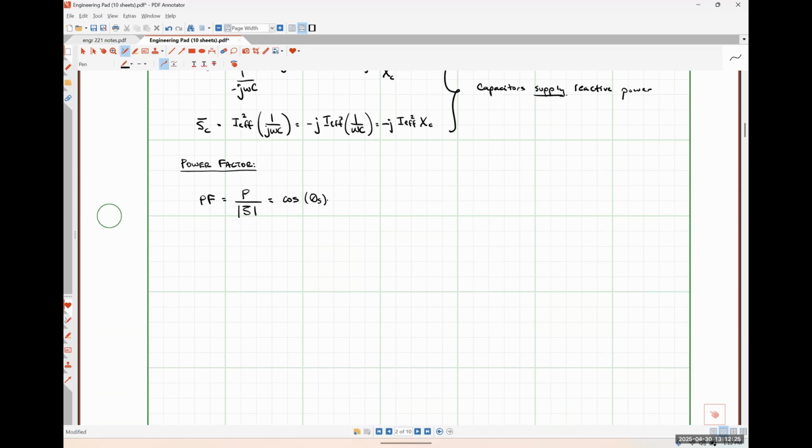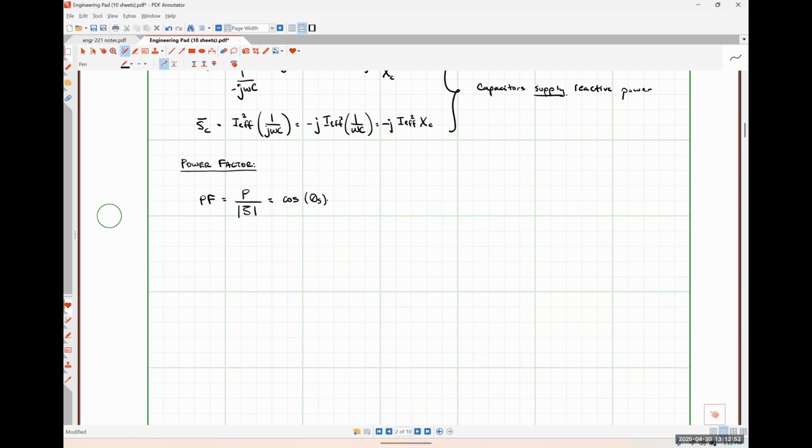For the most part, we're only going to be dealing with positive power factors in this class, because a negative power factor simply just means that we essentially assumed that we were absorbing power when we were really supplying power, or vice versa. That's all a negative power factor means, is that we got the direction of our power flow backwards, okay?